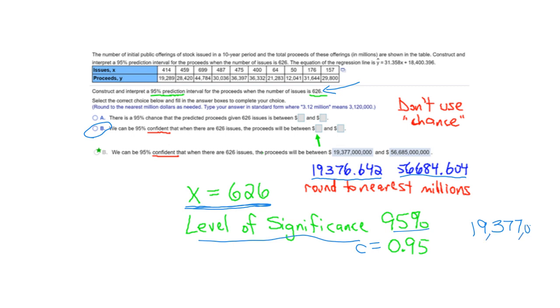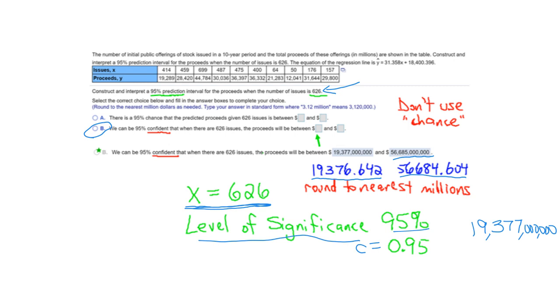I don't know if I'm going to be able to fit the zeros here. Okay, and then the same thing for the next one. There, I'm going to round it to 56,685, but that's million, and so then I'm going to have to put all of the zeros at the end. There's only one problem that makes you do it that way. So read the fine print, because they want millions of dollars and showing all the zeros.